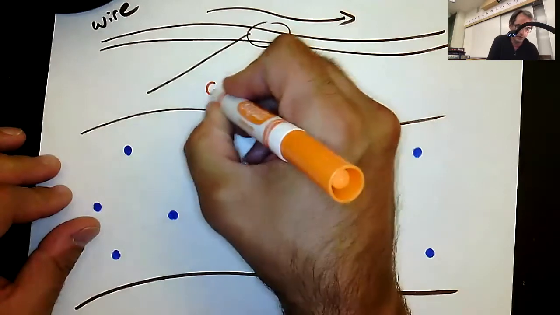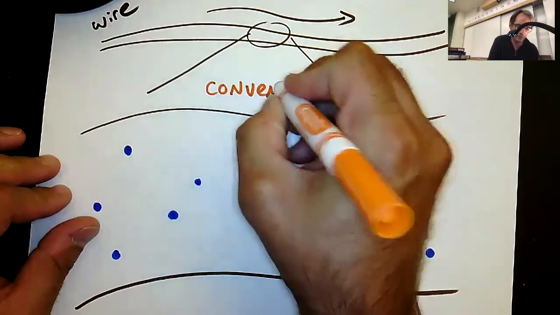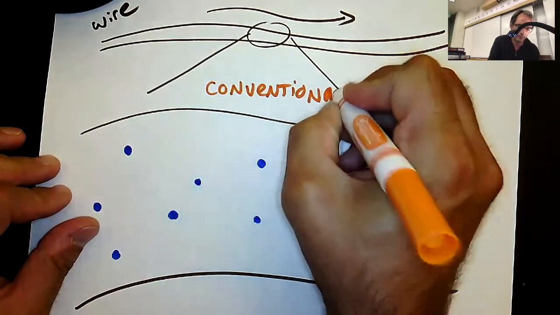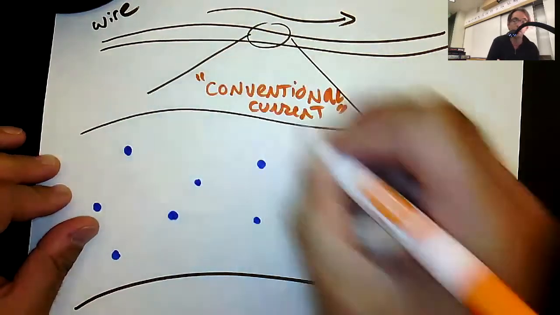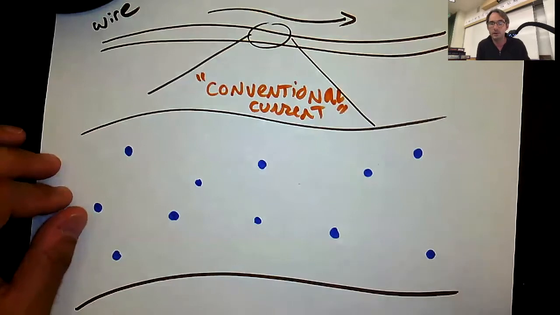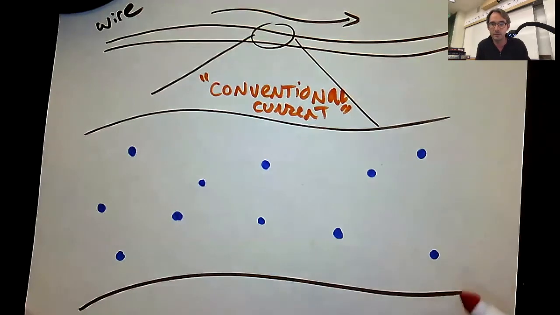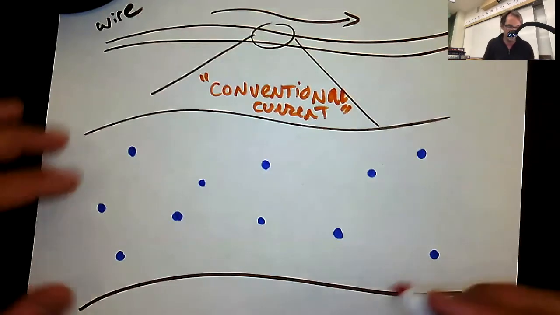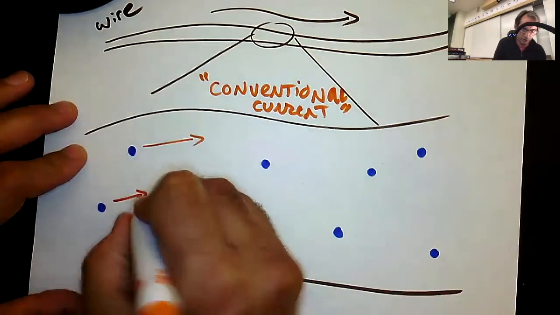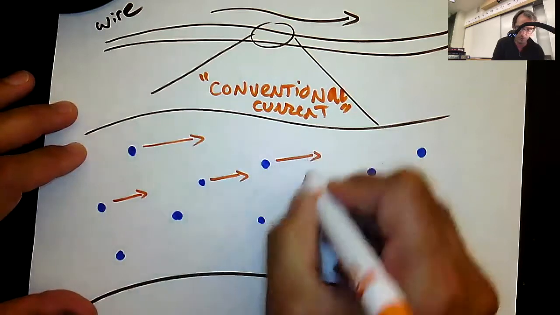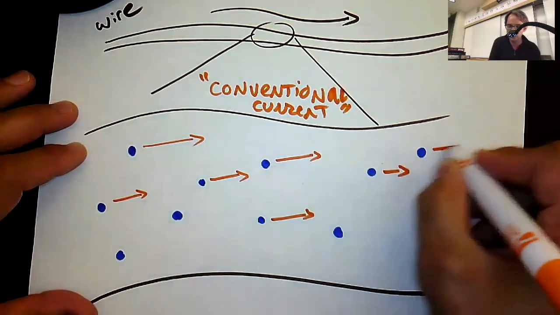So conventional current is what we say when we're talking about the movement of current from the positive terminal of the battery to the negative terminal of the battery. And we're going to just assume conventional current throughout this entire course because that's essentially what engineers do.